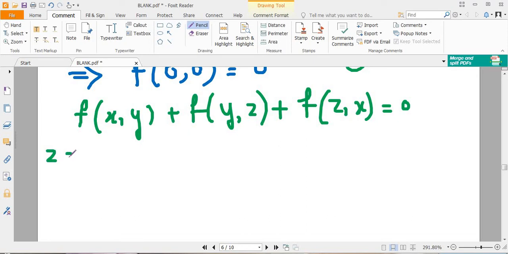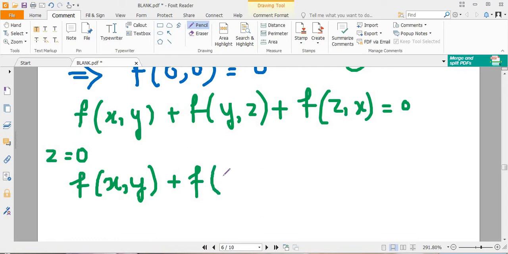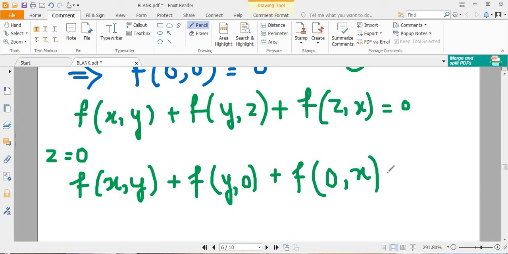So we take z equal to 0. So we have f(x,y) plus f(y,0) plus f(0,x), right? Now let's go back again to what we needed: f(x,y), f(y,0), f(0,x).